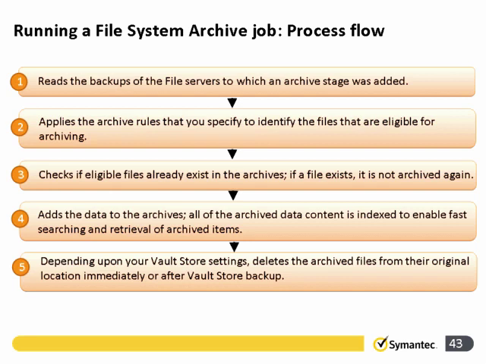It will check to see if the files already exist in the vault. If they do not, then the data will be added to the vault. The default behavior at that point is that you should run a backup of the vault itself, and then the archiving options will delete the data from the original source.